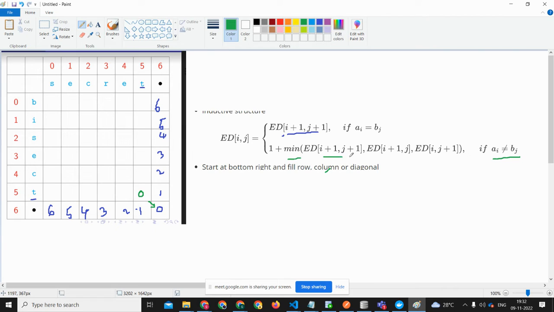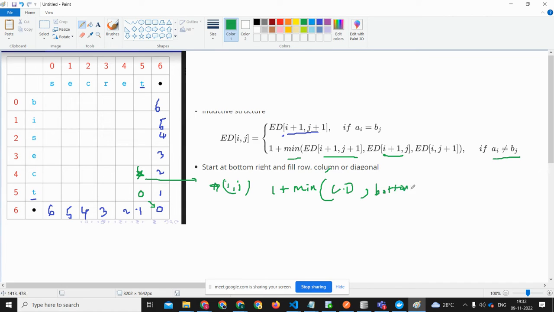So at this point, what are you supposed to do? Minimum of what? So we are at this point, right? So this is i comma j. Star is representing i comma j. Can you tell me which box is i plus 1 comma j plus 1? i plus 1 is, let's say, here, and j plus 1 is this. So diagonal, right? 1 plus minimum of lower diagonal, comma. So can you tell me now what is this? i plus 1 comma j. 0.